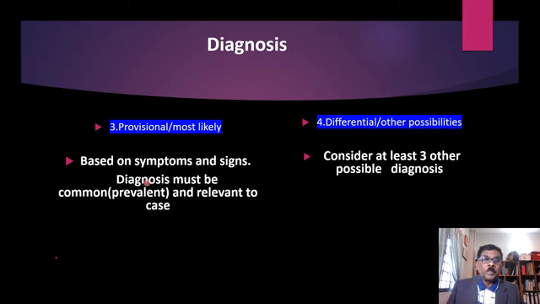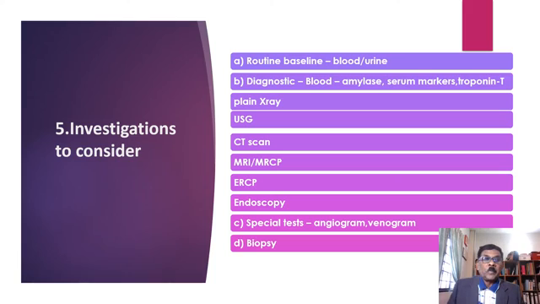This diagnosis must be common, prevalent and relevant to the case. At the same time, you also have a couple of differential diagnoses, which are other possibilities. It would be wise to consider at least 3 other possible diagnoses for every clinical case summary.